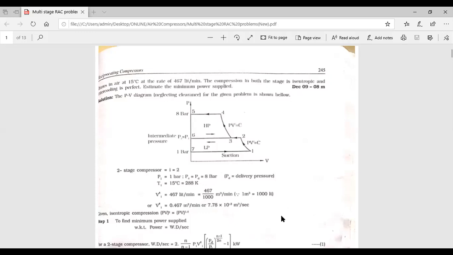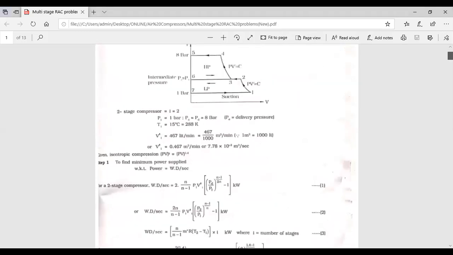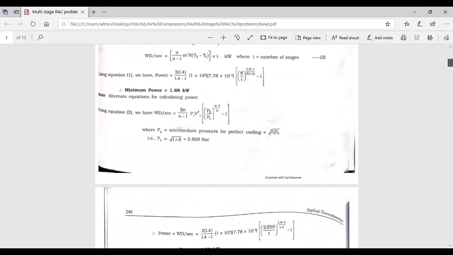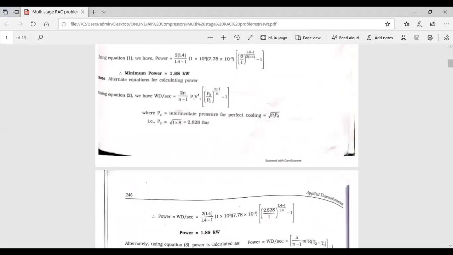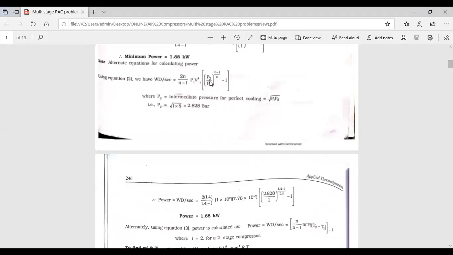Next, how to find the power required. We derived the work done for a two-stage air compressor. The formula is 2n divided by n minus 1 into P1 V1 in the bracket, P2 by P1 to the power of n minus 1 by n, minus 1.